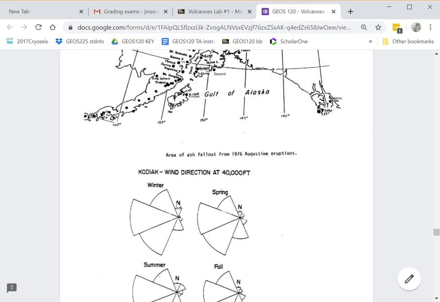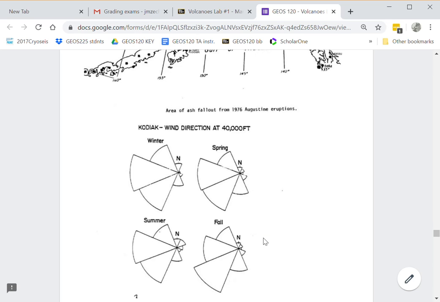So these show the wind directions for the different seasons in Kodiak. This pie piece here is really big, so it shows that most of the wind comes from the west and goes east, but it can also come from the southwest and go northeast, and it's similar for all the seasons.